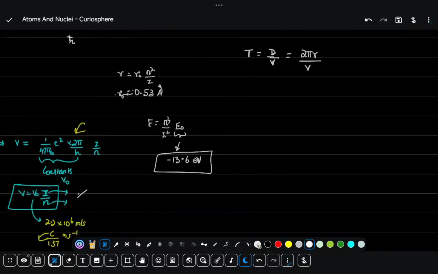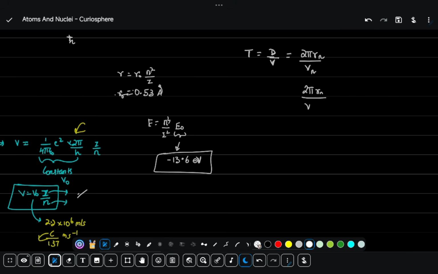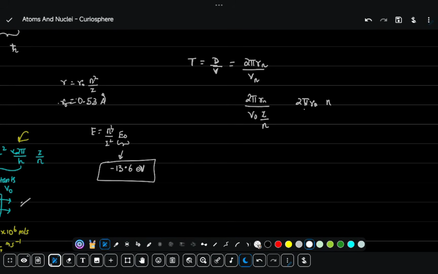Instead of v, 2 pi r upon v, this is the radius of the nth orbit, just for convenience I am keeping it nth orbit, and this is v naught z by n. And r n is nothing but r naught into n squared by z, so 2 pi r naught into n squared by z upon v naught.